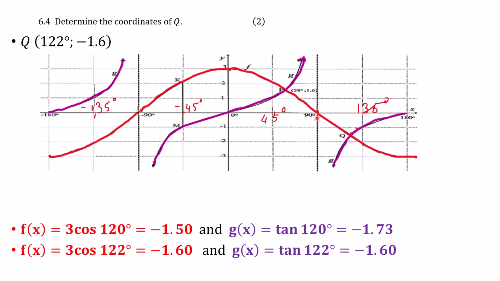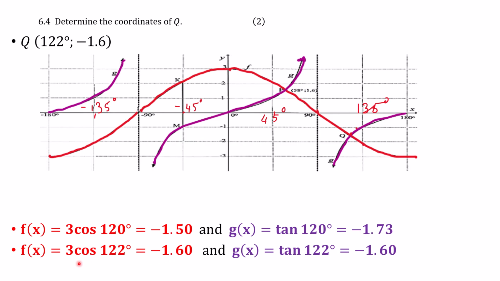So if I use there, I can see it's between 90 and 180, but I know this point is 135, every 45. So between 90 and 135, this should roughly be between 120 and 130. So 3 cos 120 then gives me negative 150. Tan 120 gives me negative 173.